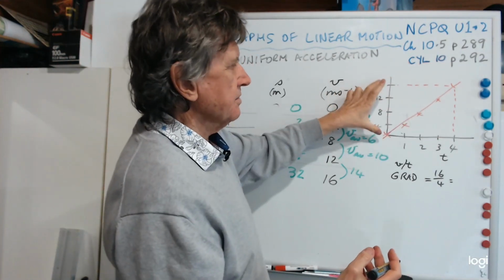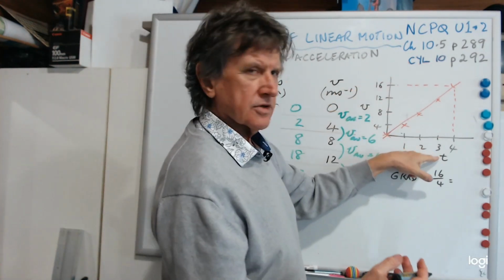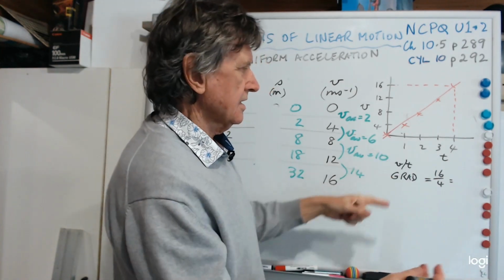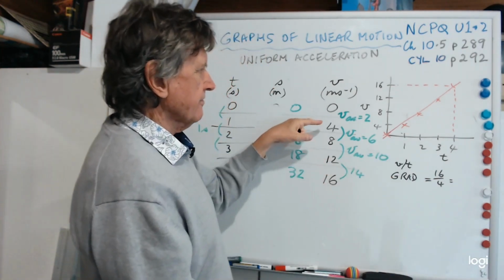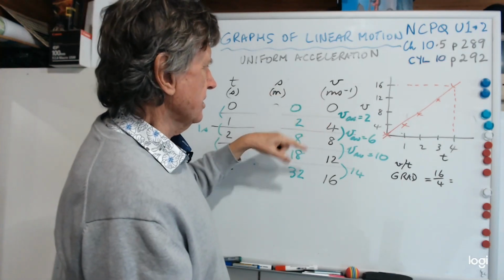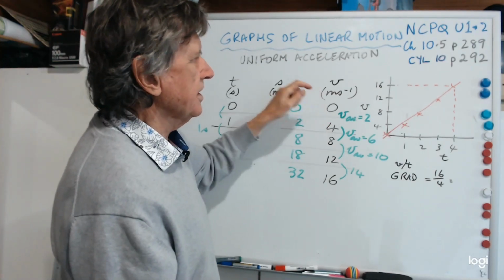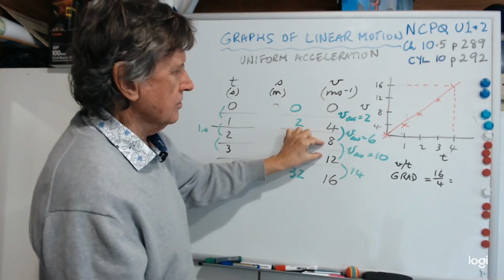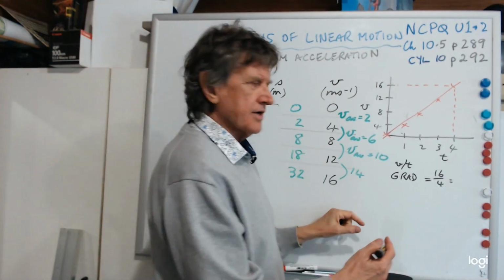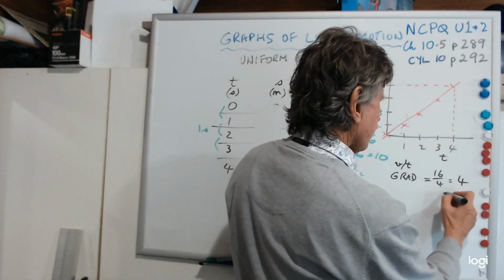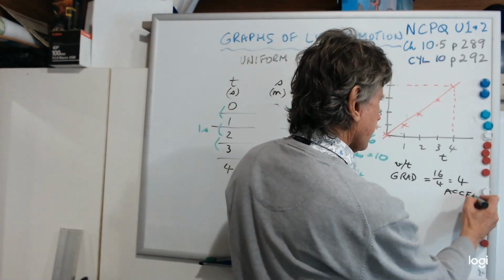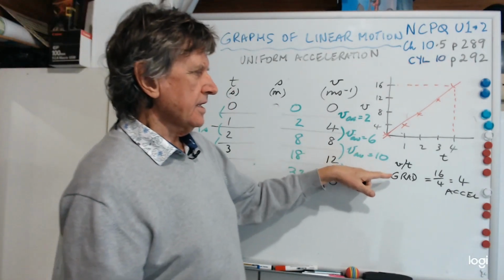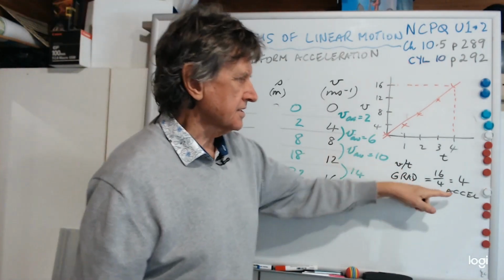So this is meters per second divided by seconds. So that's meters per second squared, which is acceleration. If you look at this, the acceleration is 4. Every second it's changing its speed by 4. Okay, so that's what acceleration means. So keep that in mind when I make a summary later. The gradient of a VT graph is acceleration.